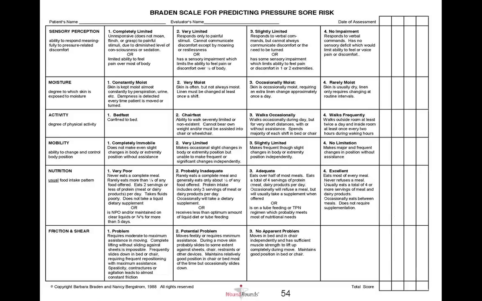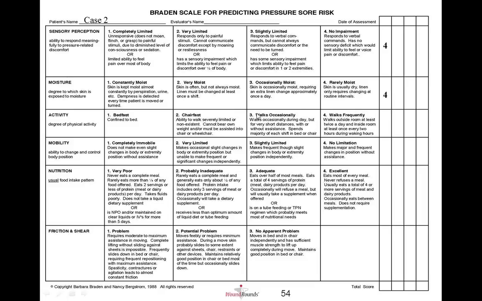So once again, we see a paper copy of the Braden Scale in front of us, and this is case study number 2. So we're going to run through this similarly to the previous case study that we did. Sensory perception doesn't appear to be a problem for this gentleman, so we're going to say no impairment. Okay, moisture.